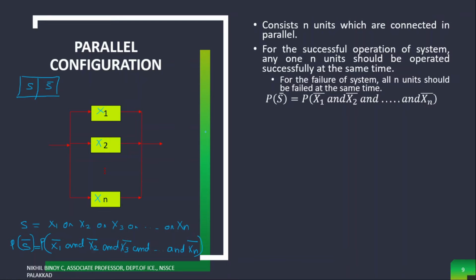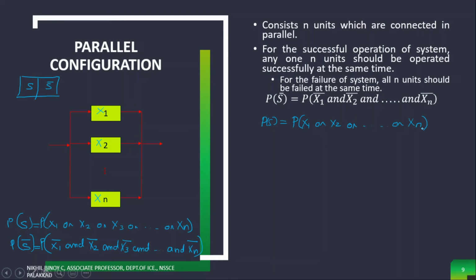Also, we can write the survival: P of S is equal to the probability of survival. The probability of survival is equal to the probability of survival of at least one component, that is, the probability of x1 or x2 or etc. or xn.